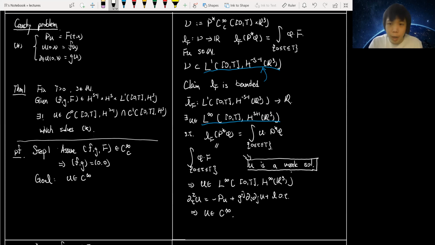Of course, by looking at this argument, I implicitly assume that for different s, we will have the same u. To get that, we actually need uniqueness. So let me make clear here. I assume uniqueness.